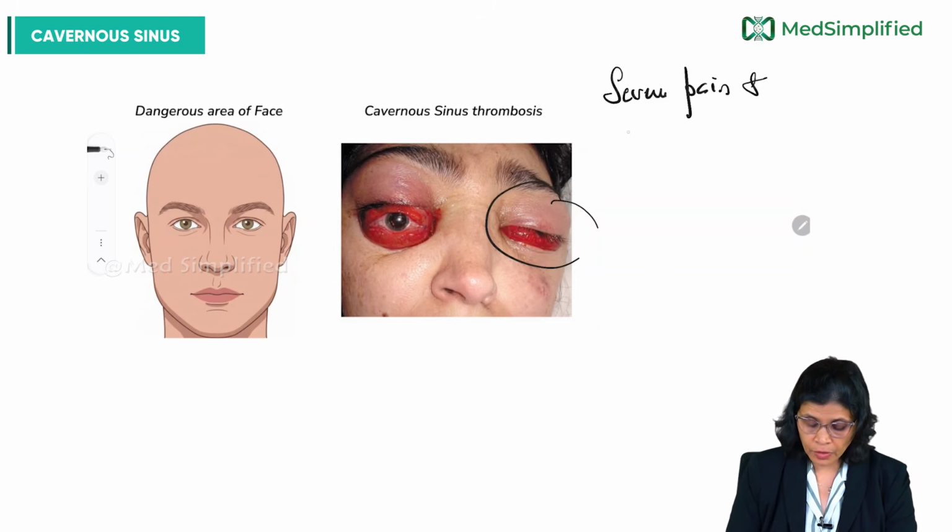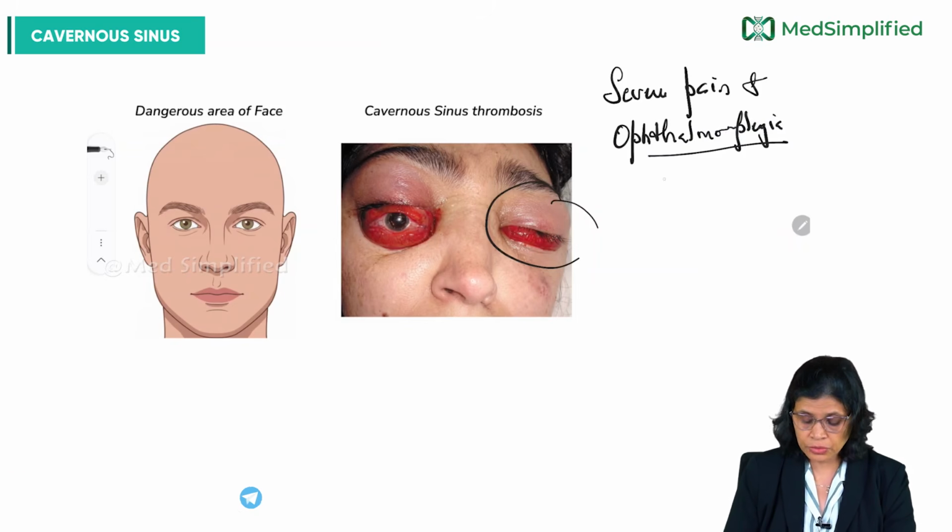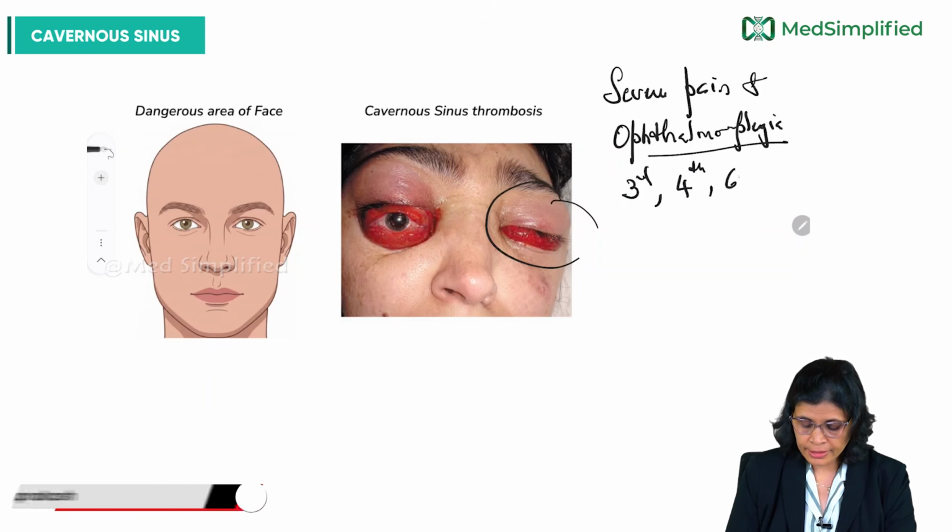And there is also ophthalmoplegia. So why? Because of the involvement of 3 cranial nerves. So which were the cranial nerves which were passing through? We had the 3rd, we had the 4th as well as the 6th.